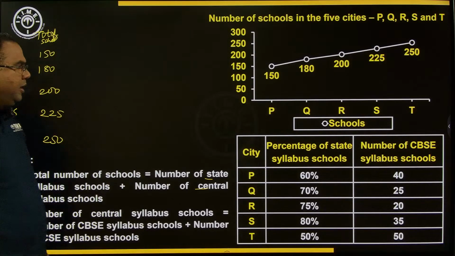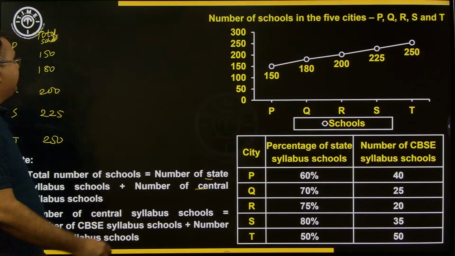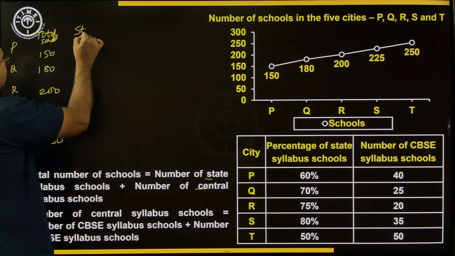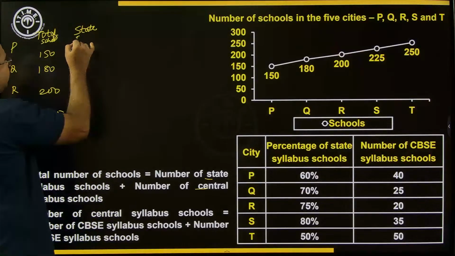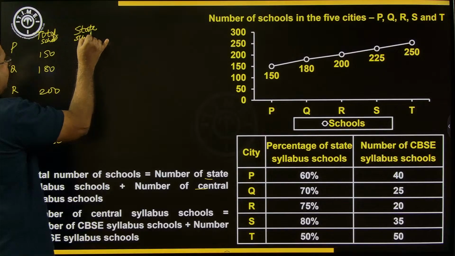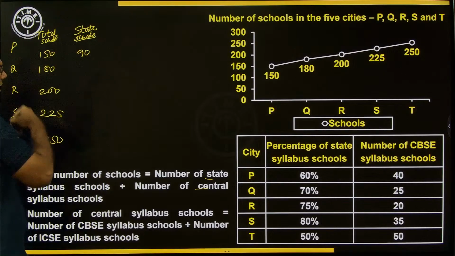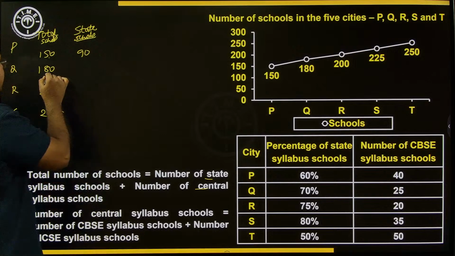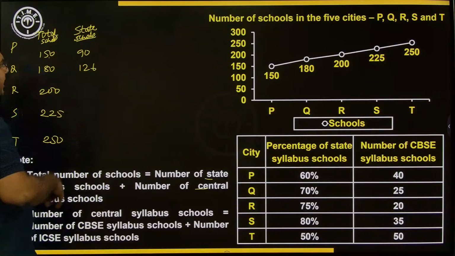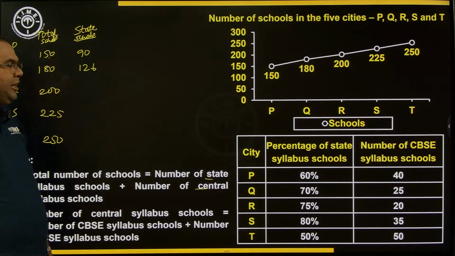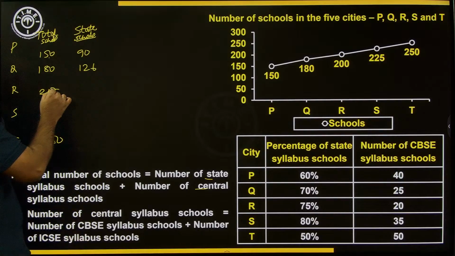Percentage of state syllabus schools: 60%, 10%, 15, 16%, 90, 15 into 6. 70%, 126. 10%, 18, 70% into 7, 18 into 7, 126. 75%, 3 by 4.